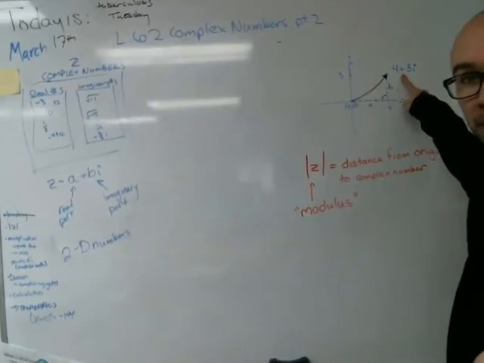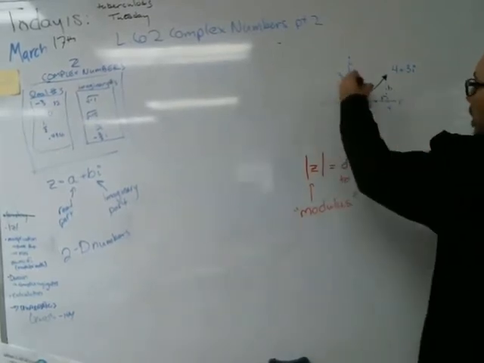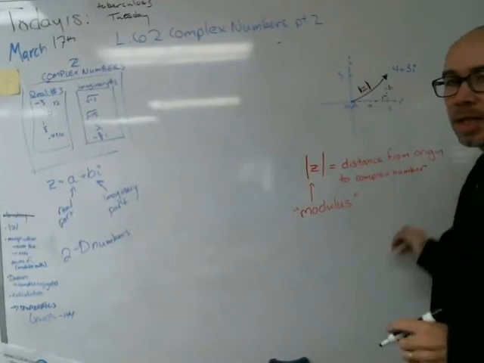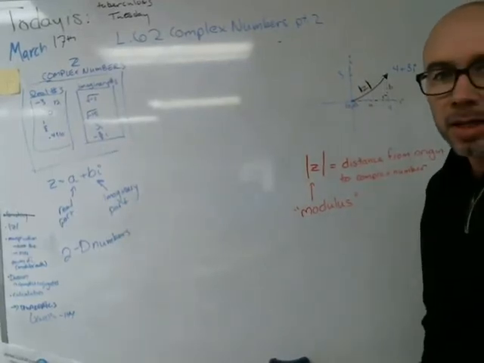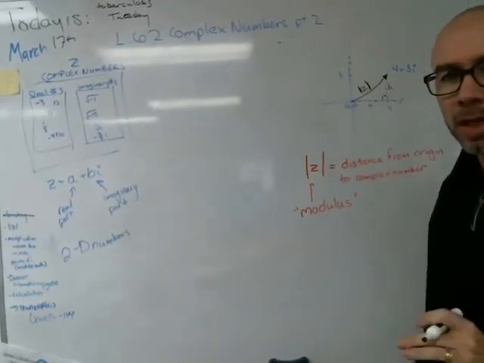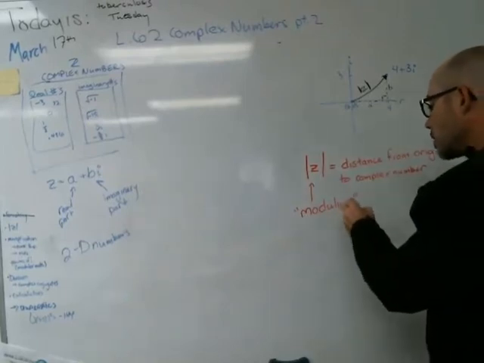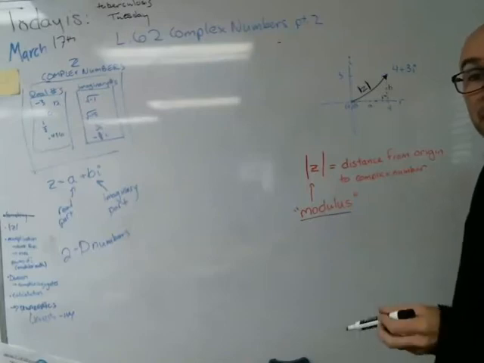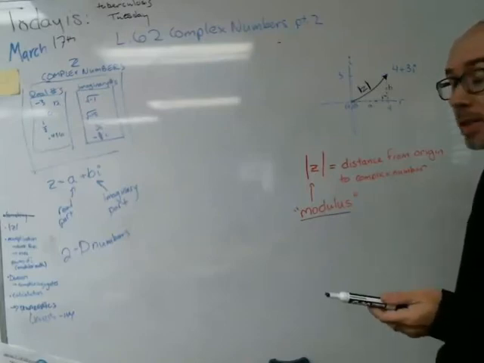Okay, I think maybe you're sniffing out where this is going to go. We would like to know this distance here, which is given the symbol z for a complex number, and then it's got these absolute value signs on it. I'll tell you why the absolute value sign comes up here in a bit. But in math world, that's called the modulus. The modulus, the distance from the origin to that complex number.